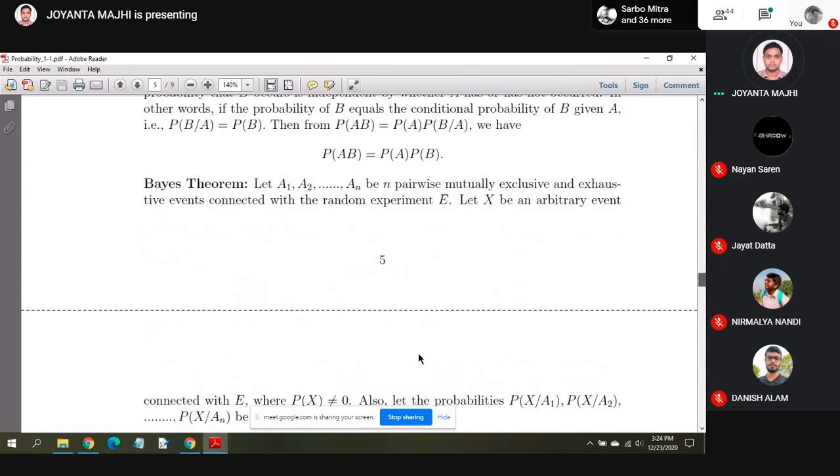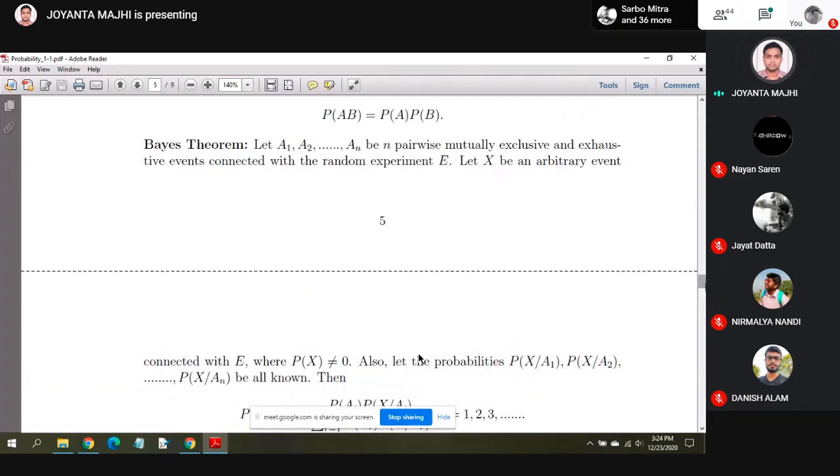Then what is Bayes' theorem? Bayes' theorem says that if A1, A2, An are mutually exclusive and exhaustive events of a random experiment E, and X is an arbitrary event of that random experiment such that X is not an impossible event, that is probability of X not equal to 0.